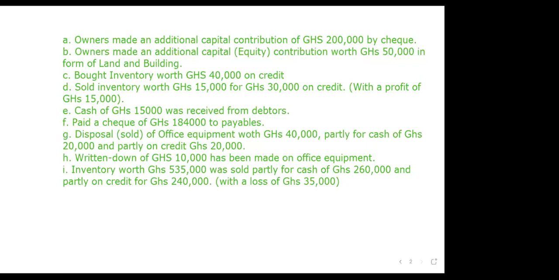If it's about sales, then you should see a corresponding increment. If your land and building is going down and it's about sales, then it should affect either bank, cash, or debtors, either of the three, or maybe all three. It means that you might have sold partly for credit, partly for cash, and partly for cheque. So sales would affect all three, or any of the three, or part of the three.